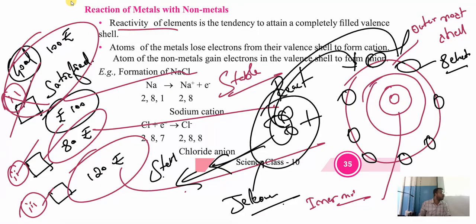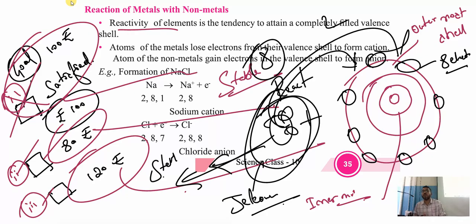Correct, no? You understood my point? If we take 2 electrons from him, 2 electrons he has lost. Actually, he also wants 8 electrons. अब इसे दे दिया तो क्या होगा? इसे भी प्रॉब्लम होगा ना.